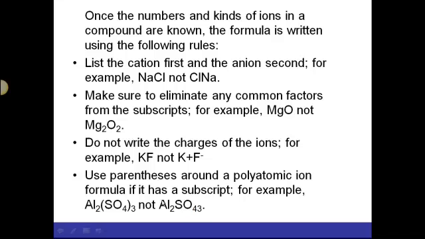We've got 2 aluminums, we've got 1 sulfur, and we have 43 oxygens. So this would be the incorrect way to write this polyatomic ion. If you want to say you have 3 of the sulfate ions, you've got to use brackets and you've got to include the sulfur in there. So this says that I've got 3 SO4 molecules.